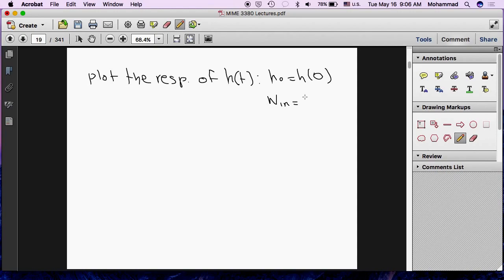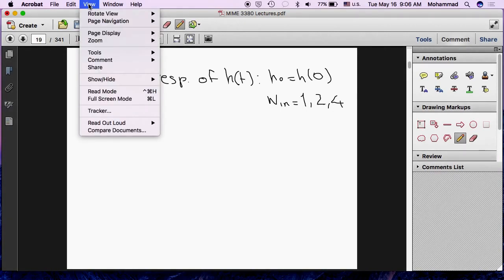Let's just give it numerical values: 1, 2, and 3. Or maybe make it 4, so each time is twice as much as the previous case. So I'll give you a minute to solve this problem.